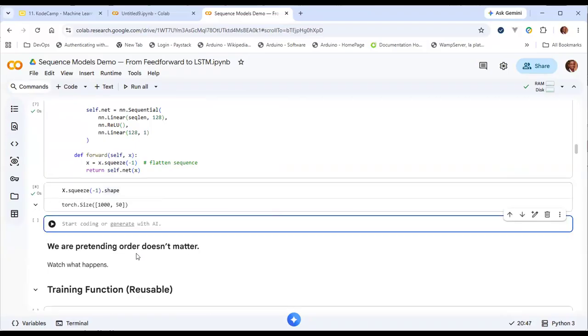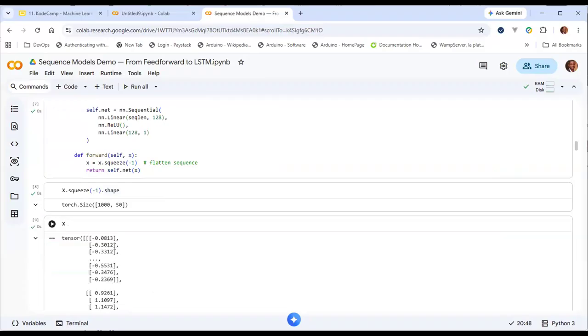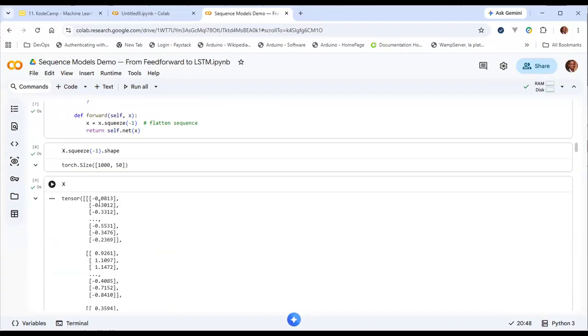But if we print out X itself, you see that X is made up of a sequence of numbers, but we have to squeeze the last dimension. Squeeze in PyTorch removes a dimension that doesn't have more than one element in it and turns it into a single dimension.